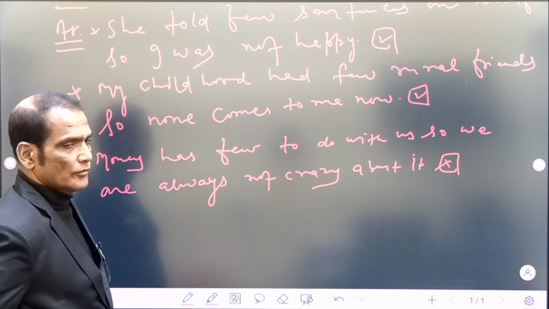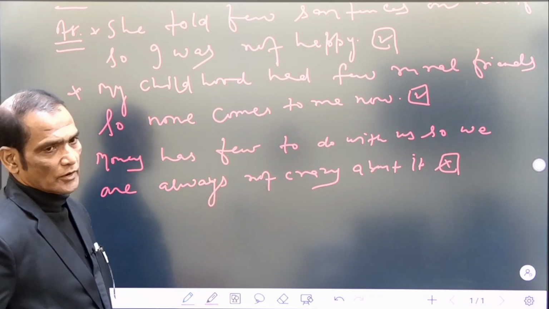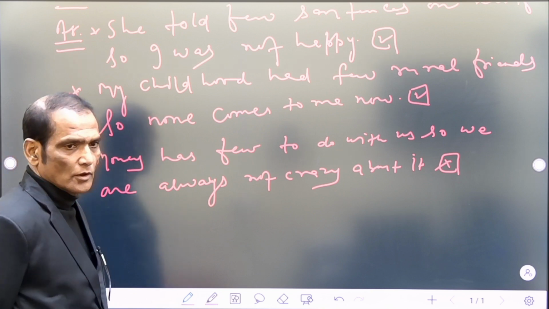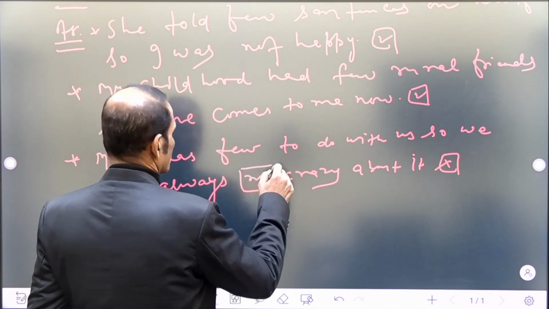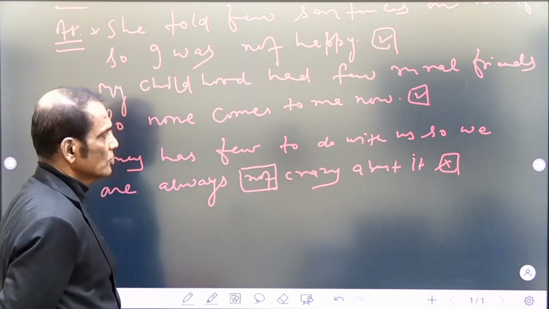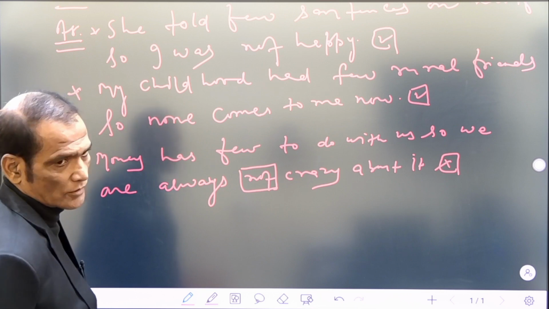Actually I have used "not" here, so it gives positive sense. Here should not be "not." Money has few to do with us, so we are always crazy about it.